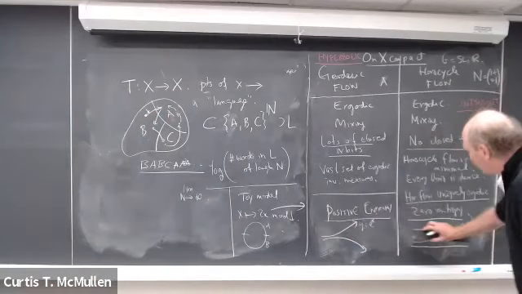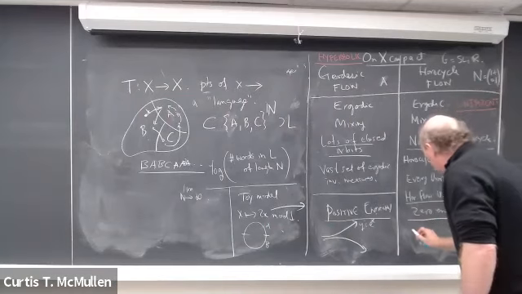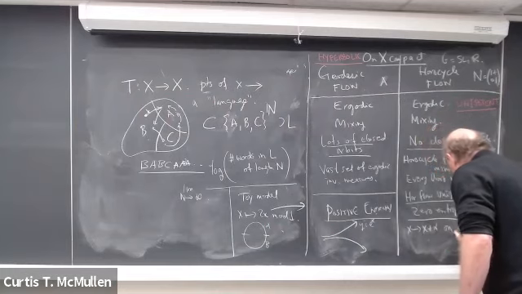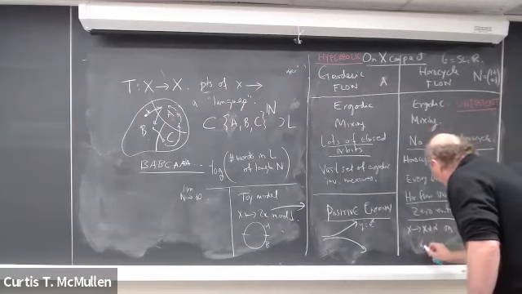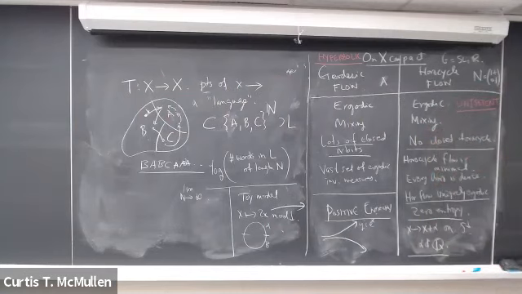What's a toy model over here? It's our favorite dynamical system. x goes to x plus alpha on the circle, the irrational rotation. So we proved that this is ergodic. Of course, it has no periodic points. Every orbit is dense.